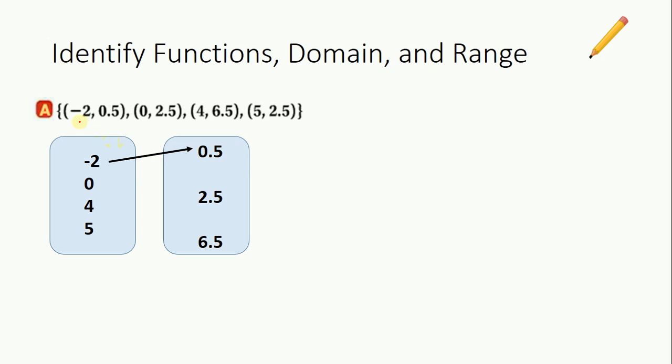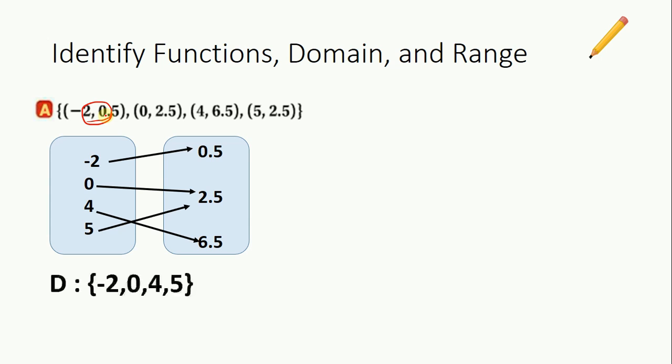How do I know that? Well, that is the ordered pair that related it, right? 0 to 2.5, 4 to 6.5, and 5 to 2.5. Now, my domain, left-hand bubble: -2, 0, 4, and 5. My range: 0.5, 2.5, and 6.5. Now, does each x only go to one y?